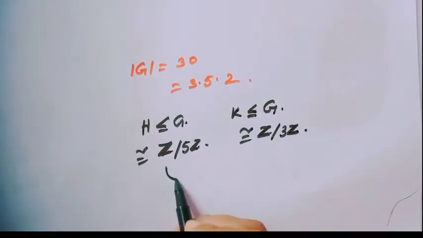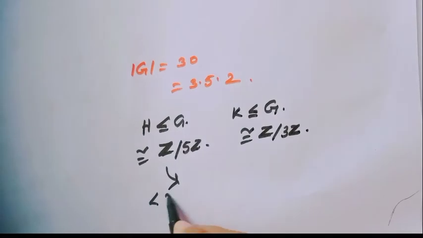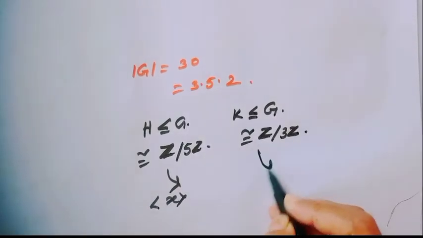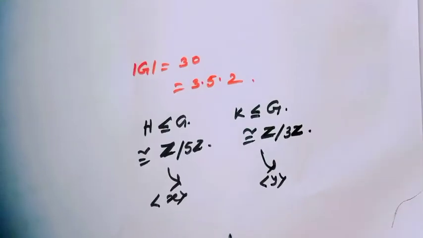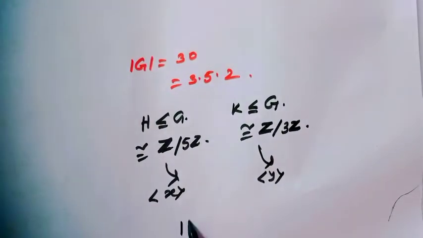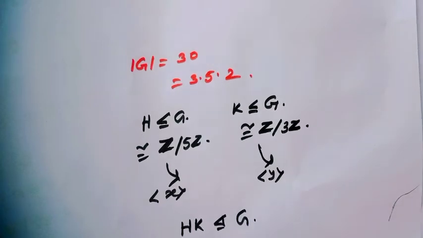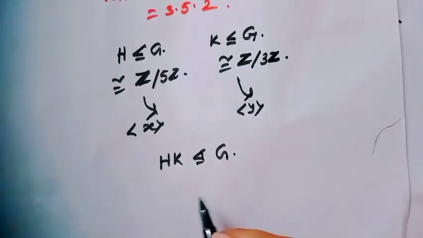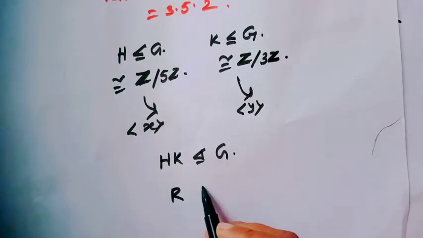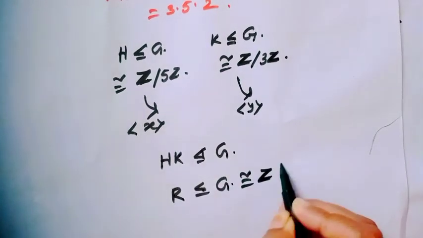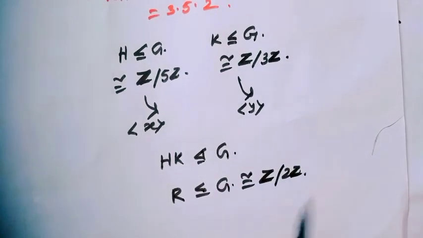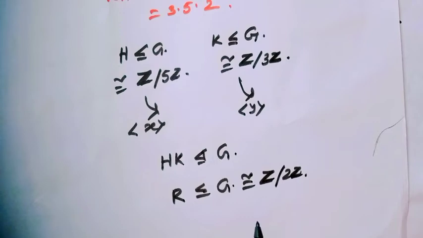Consider also that this subgroup is generated by X and this subgroup is generated by Y. And earlier you have seen also that H and K are normal subgroups of the group G, and R is the Sylow 2-subgroup, which is isomorphic to Z mod 2Z, and this is also a normal subgroup.